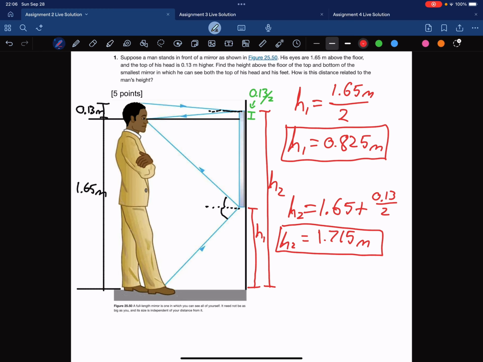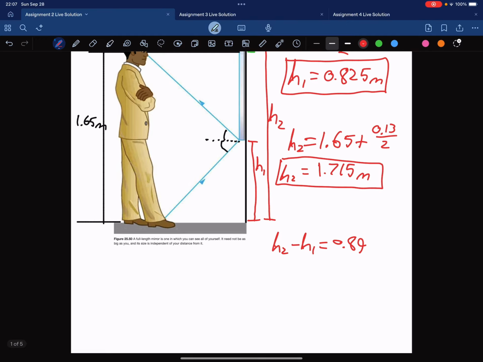If you go through and do the subtraction here, 1.715 minus 0.825, you get, so H2 minus H1 equals 0.89. And if you take the man's full height, which is 1.65 plus 0.13, so 1.65 plus 0.13 equals 1.78.